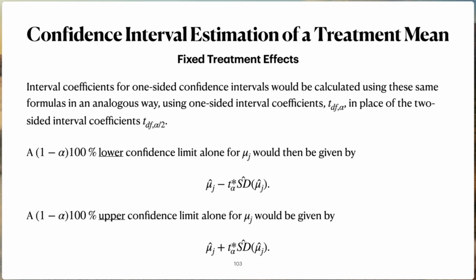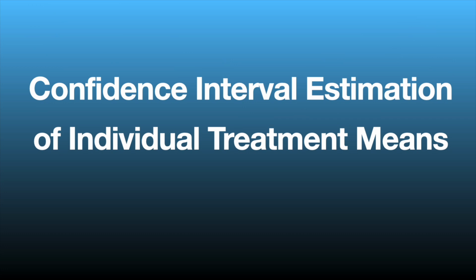We've looked at how to construct point estimates and confidence interval estimates for general contrasts of 2 or more treatment means. We've looked at how to calculate point estimates and confidence interval estimates for non-contrast linear combinations of treatment means. And then finally, as a special case of that last one, we've looked at how to also calculate confidence intervals for individual treatment means.